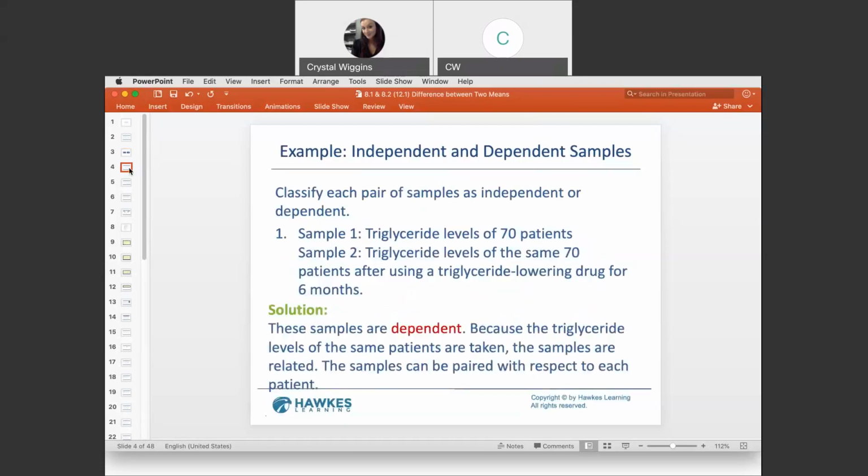Classify each pair of samples as independent or dependent. Now, I don't have this in slideshow mode, so we do see the answer, but let's run through it anyway. Let's say sample 1 is the triglyceride levels of 70 patients, and sample 2 is the triglyceride levels of the same 70 patients after they take a particular drug for 6 months.